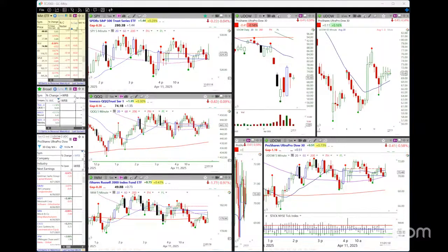This completes with a topping tail. It's done. Sellers are lurking above, buyers below. It's getting tighter.